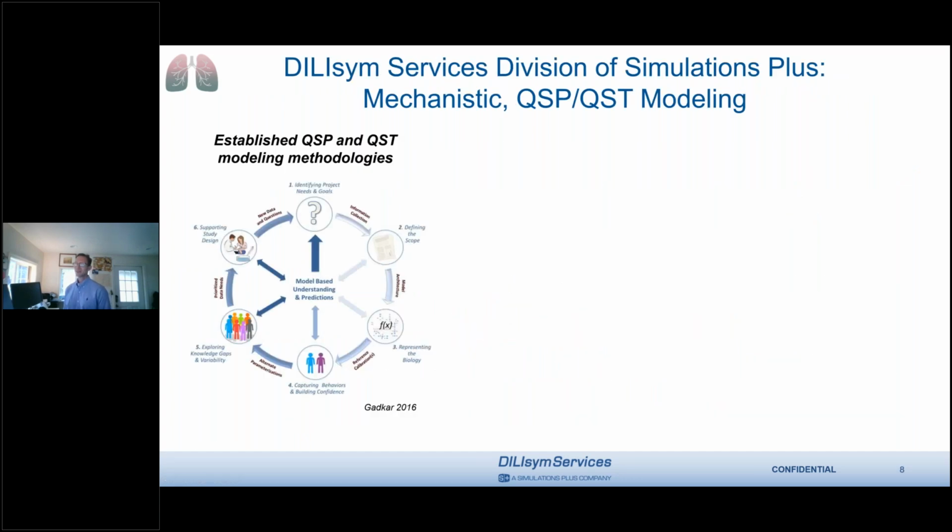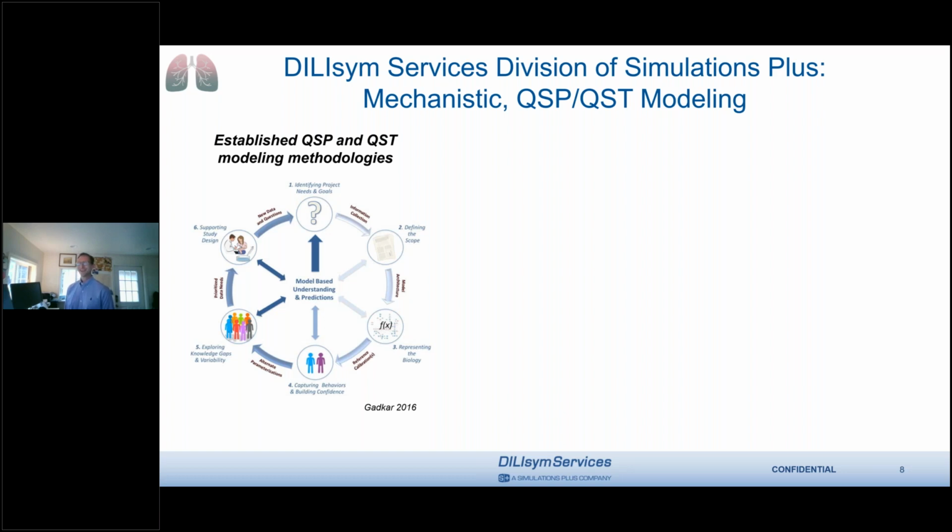Compared to the other modeling methodologies, this is a relatively young one. I would say it really began to blossom in the early 2000s. It was during that period of time that I think it's fair to say the QSP, QST modeling methodologies were really implemented, developed, and put in place. Clearly, many years before, a number of very valuable QSP type models had been developed, but as I say, it really blossomed, and this was coincident with the availability of substantial improvements in compute power.